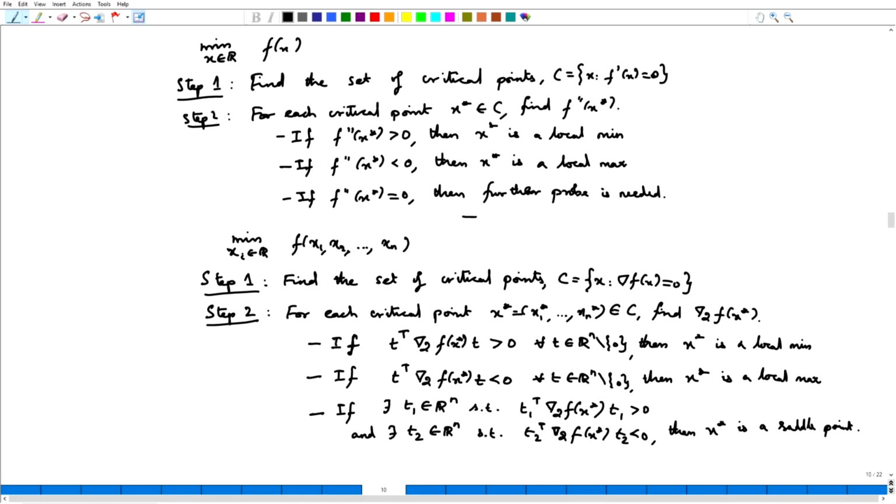We have not covered all cases, because we have not considered cases when T transpose del 2 f of x star T is equal to 0.